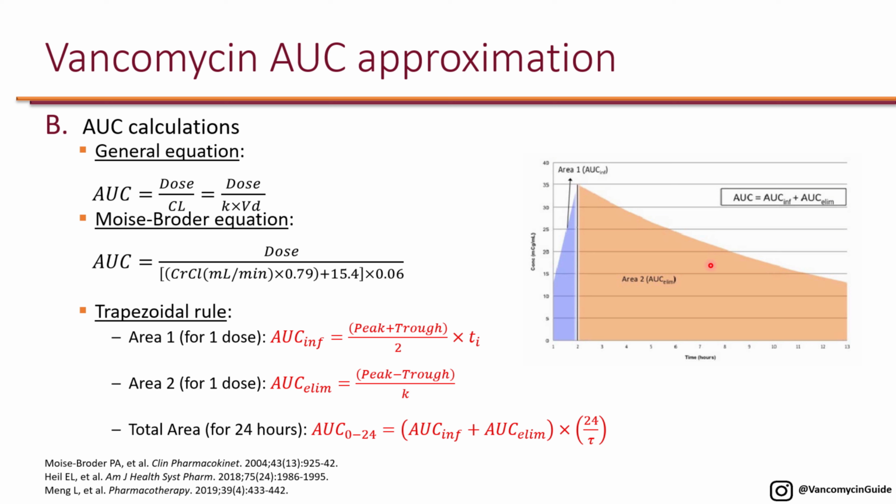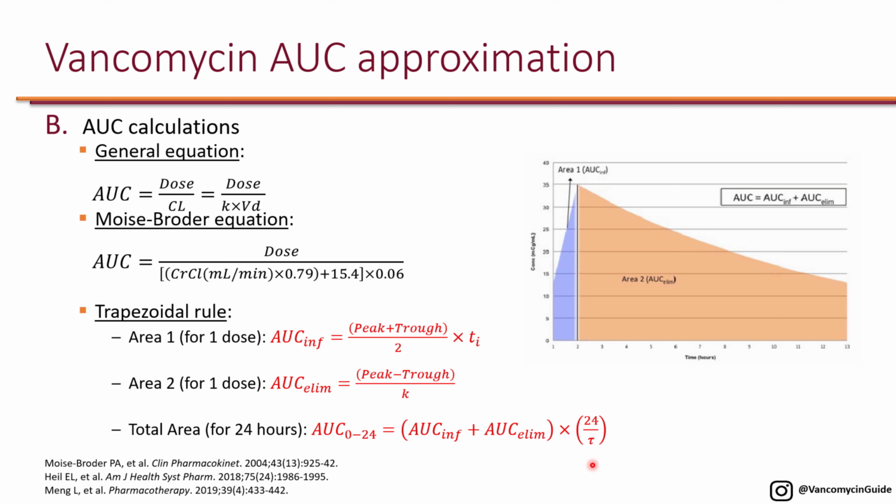And then you need to calculate the second area, which is during the elimination phase, which of course also includes the distribution phase. The AUC elimination phase is peak minus trough divided by K constant. And again, K is calculated from the two levels that we got from the patient. And then you basically add these two, so they will give you the AUC for one dose. And then to get the AUC for a 24-hour period, because this is AUC 0 to 24, you basically have to multiply by 24 divided by tau.